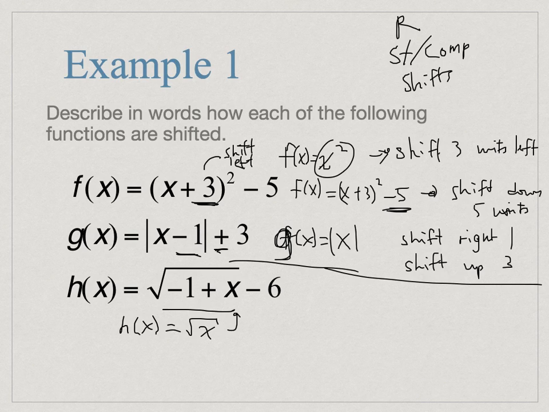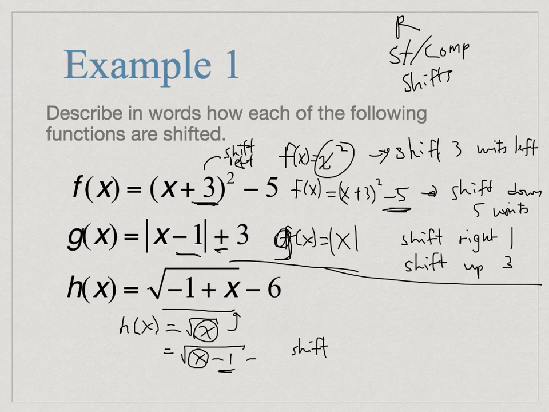So let's start with reflections. Are there any reflections going on? Well, you would see that it's really x minus 1, isn't it? So there are no reflections because that's still positive and that's still positive, so there's no reflections. Okay? So it's going to be a shift in which direction?